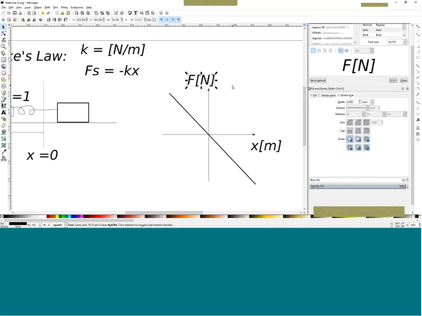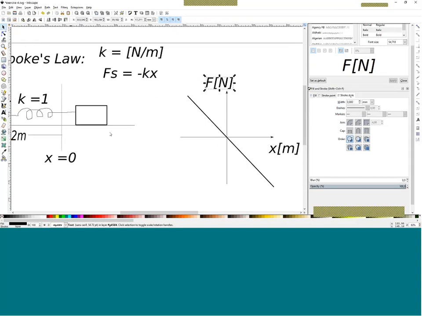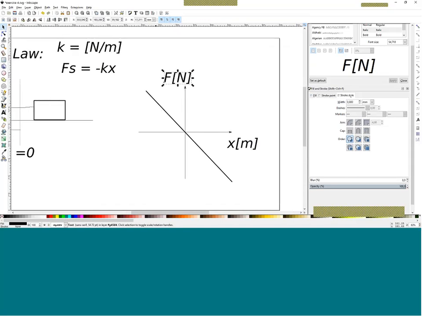And we know inherently that at first compressing it is relatively easy, and the more I move it, the more force is required to move it a certain distance.